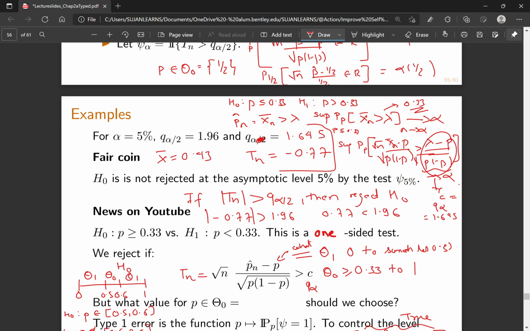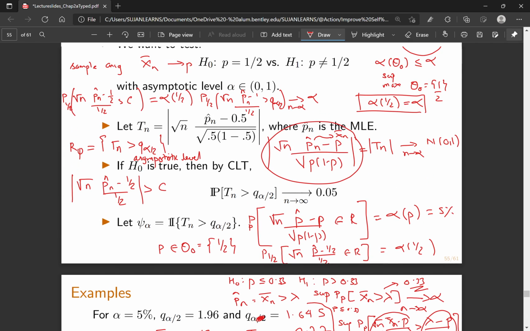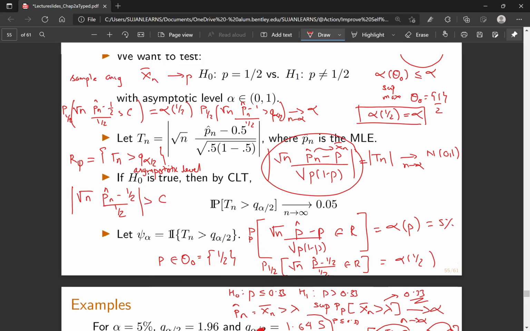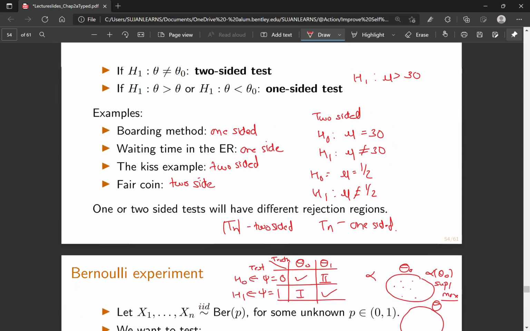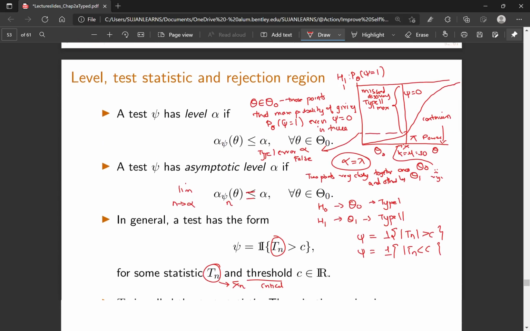Now, what is the value of this expression here? We know C is 1.645, but what is the value of this expression? The value of this expression we computed earlier.